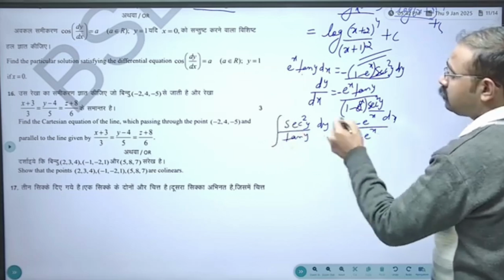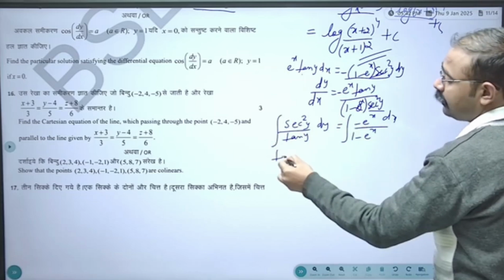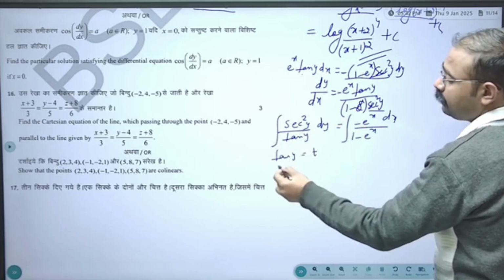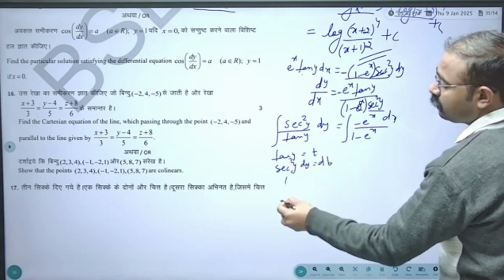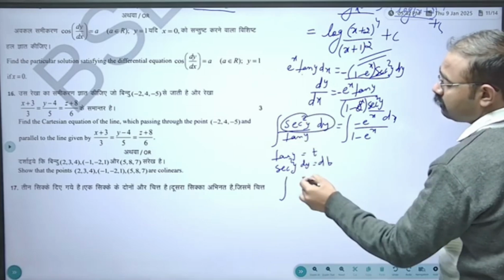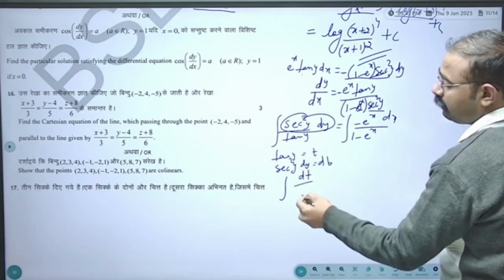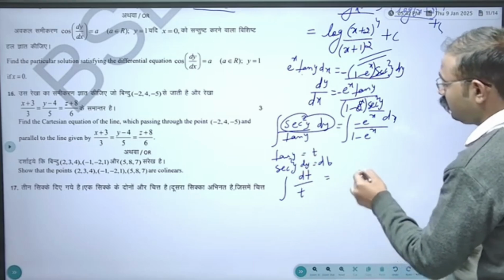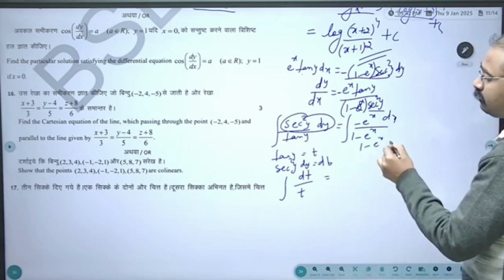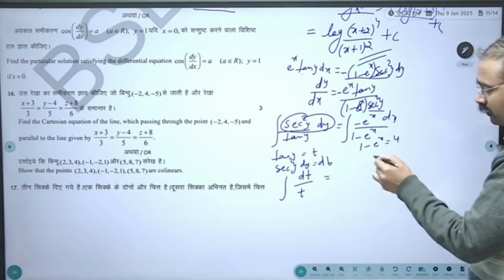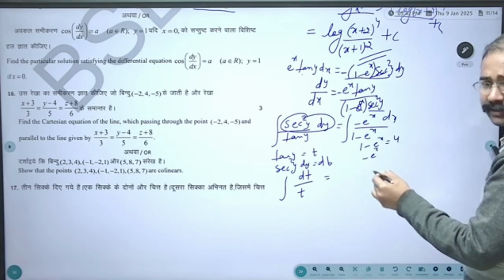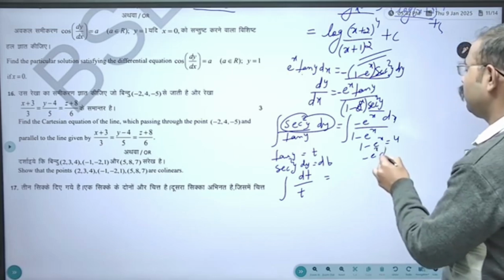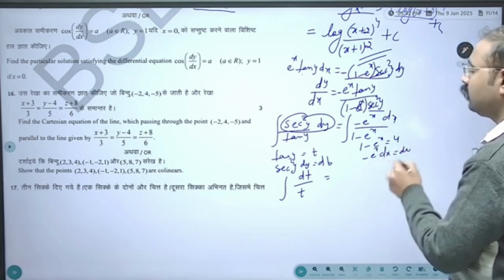By integrating both sides, on this side let tan y equal t and sec square y dy equal dt. Sec square y dy is equal to dt and tan y is t. On this side, 1 minus e raised to the power x is equal to u, and by differentiating it, minus e raised to the power x dx is equal to du.